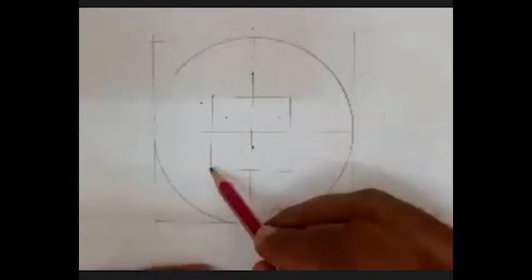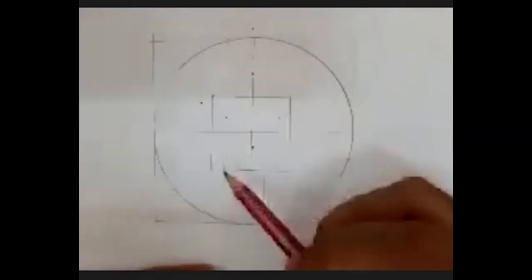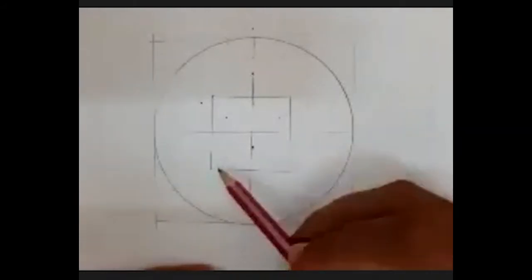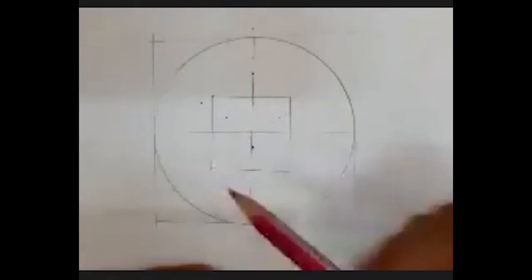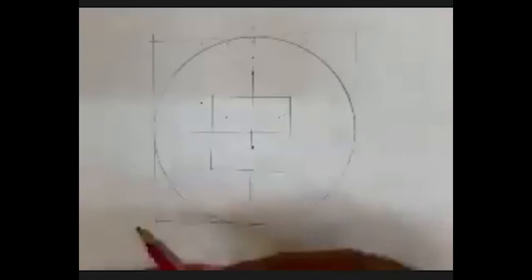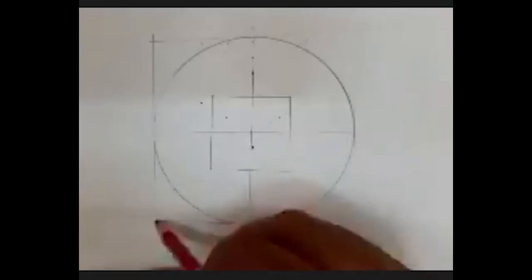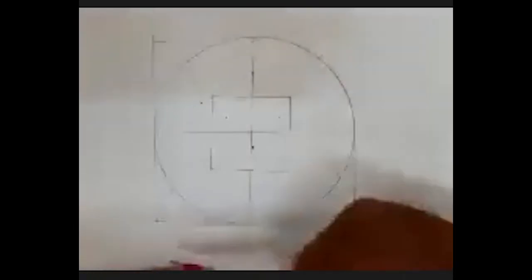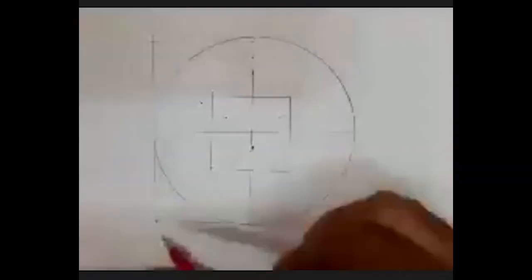Always in the isometric projection, as we had taken yesterday, I'm starting from a corner. In a circle, I don't have a corner. So I have to start from a corner, where this circle I have converted to a square block of 100 mm. The diameter of this is 100 mm.